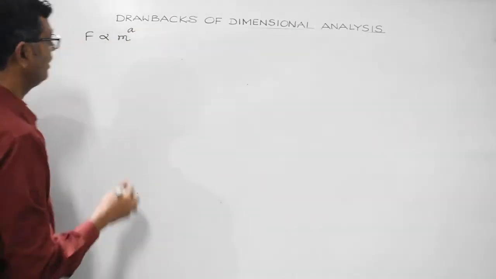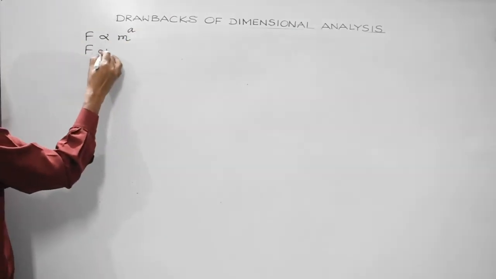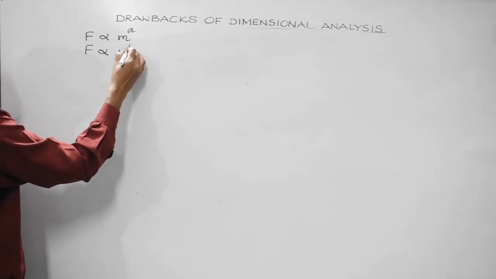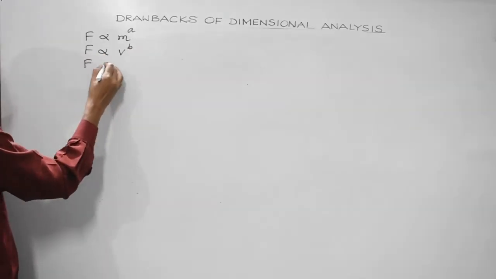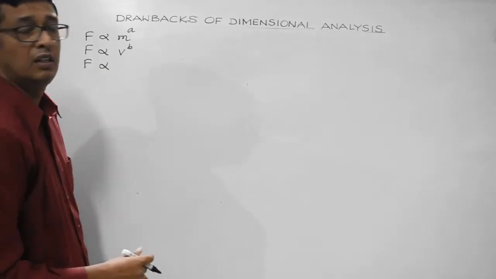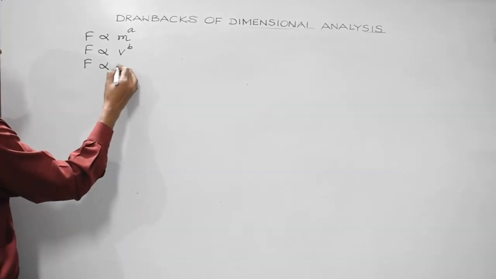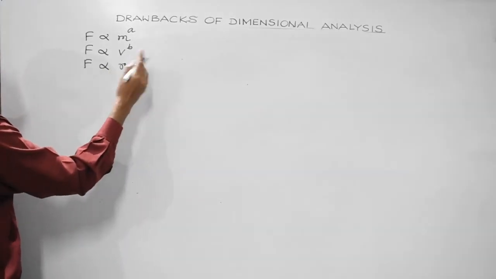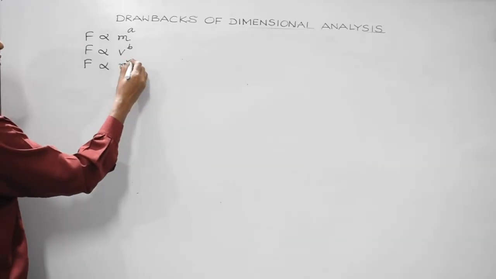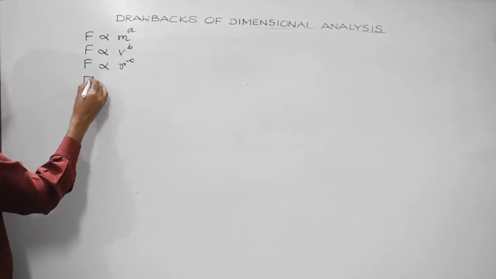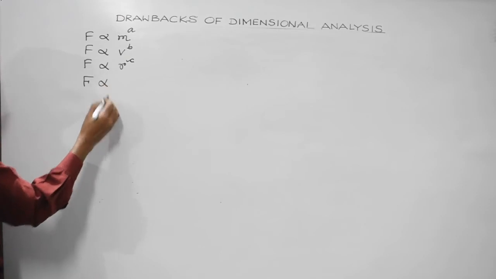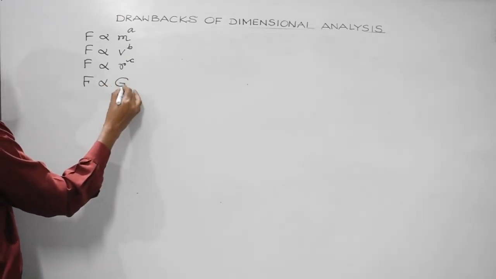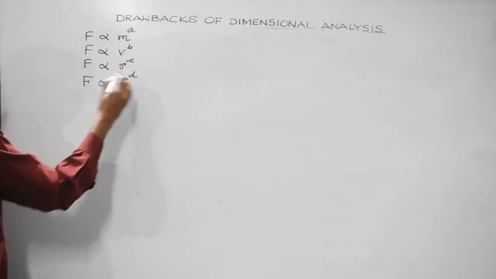We can write it as a power. Let us consider it depends upon its speed with which it is moving. Let us consider it depends upon the radius of the circular path which it follows. Let's also consider it depends upon, say, the universal gravitational constant, right?